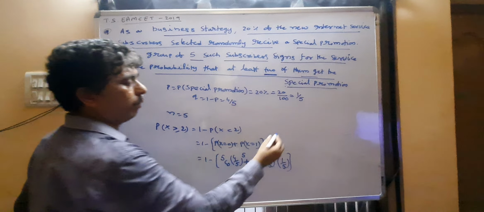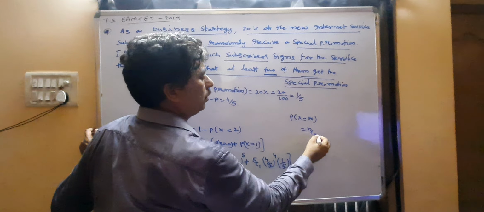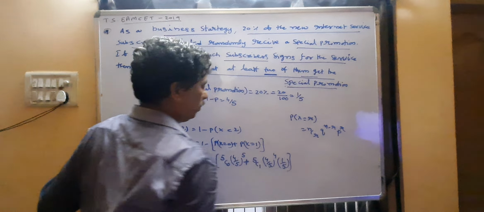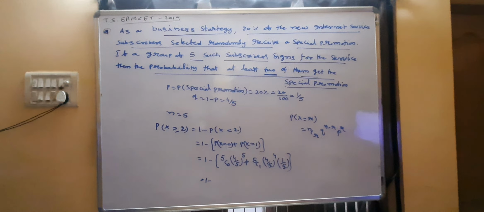By the binomial distribution formula, P of X equal to r is nCr q power n minus r, p power r.